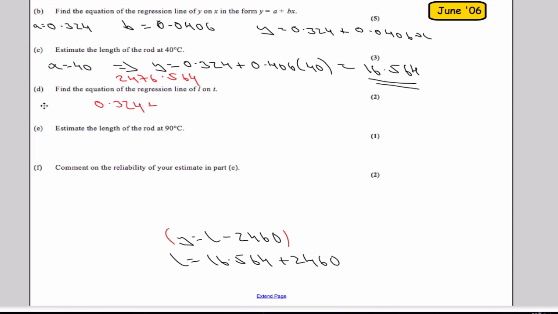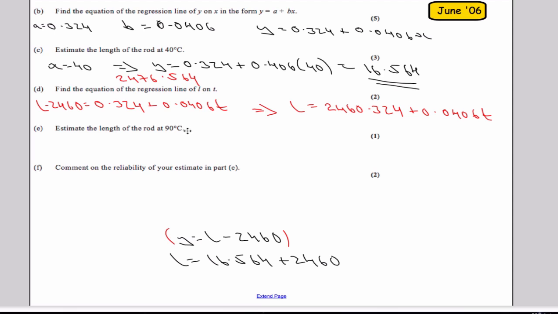So instead of y, I'm going to put L minus 2460 equals 0.324 plus 0.0406 t. That implies that L equals, adding 2460 to both sides, we get 2460.324 plus 0.0406 t.